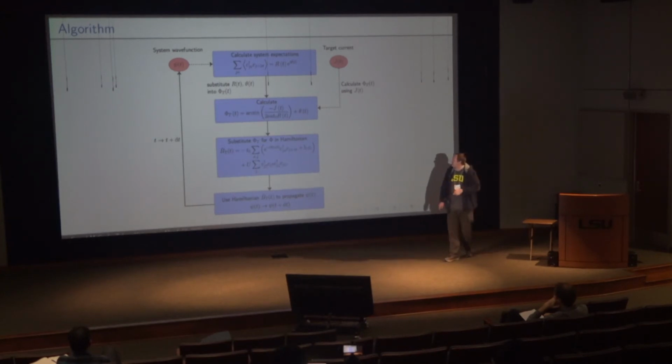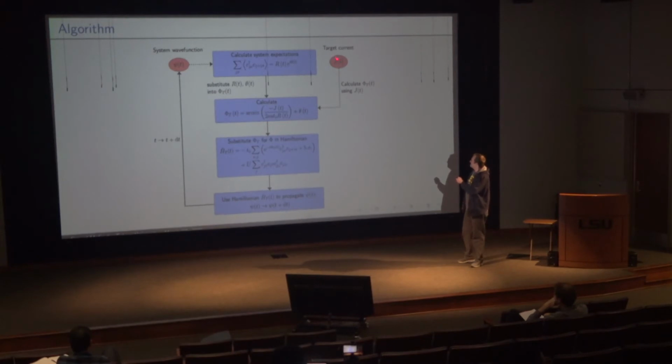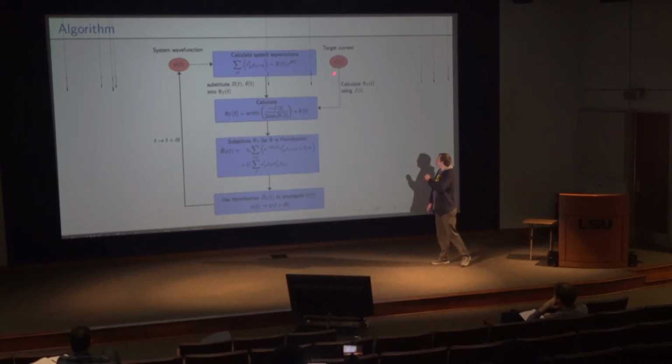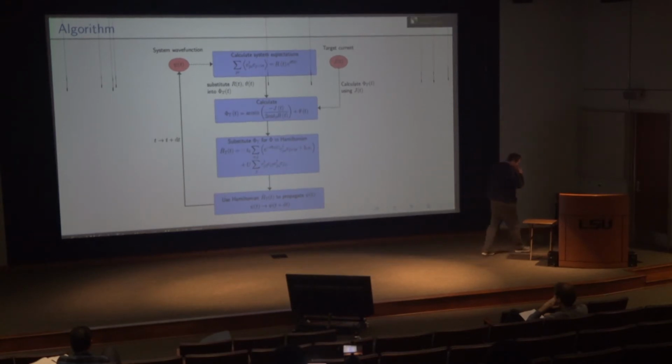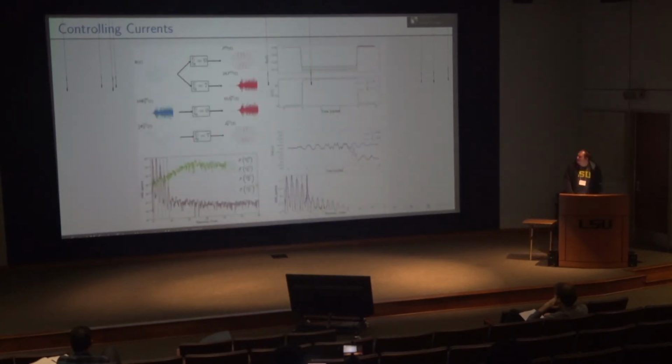This is for a specific model, but the general idea is quite generic for tracking control. Put this in, find an expression for the control field based on the expectation, and then evolve using that.